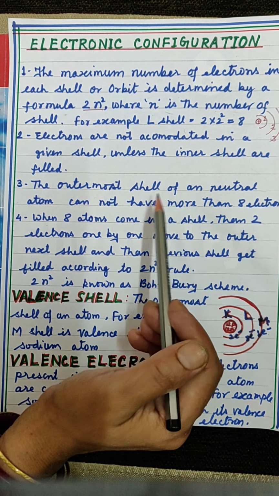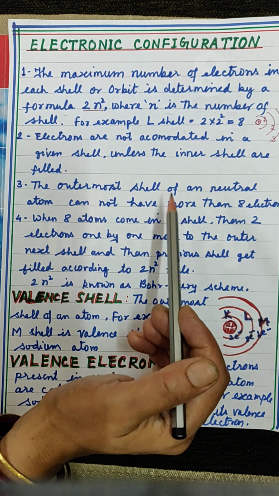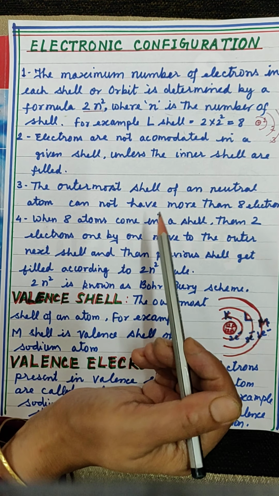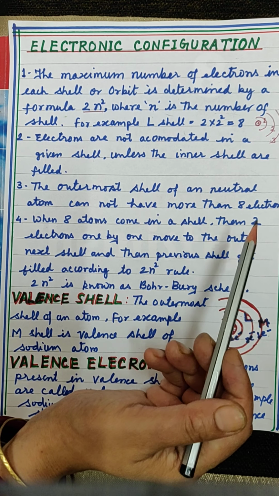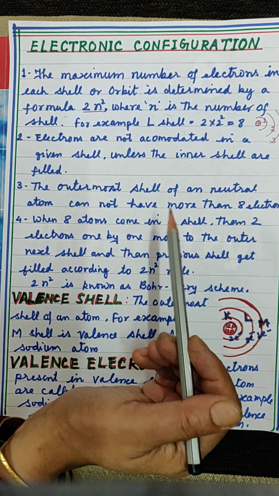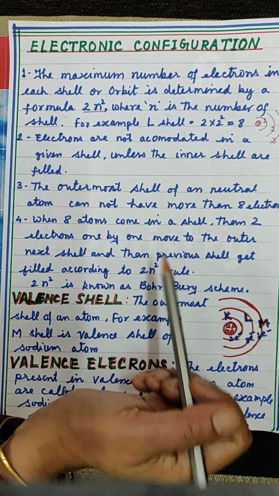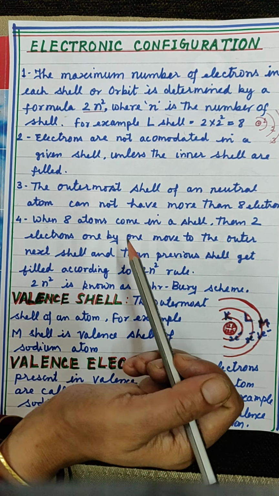You already know that the maximum number of electrons present in the valence shell cannot exceed 8. Therefore, once there are 8 electrons in any orbit or shell, then even if there are more electrons to be accommodated, they will not go to that orbit because it cannot have more than 8.